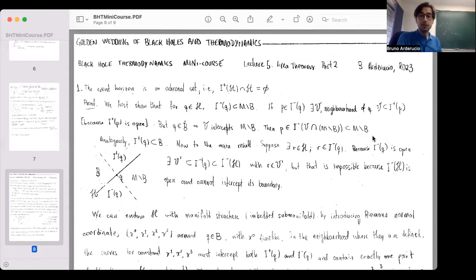So this is clearly time asymmetrical, because this shows that I minus of a point in the horizon is in the exterior. Conversely, I plus of a point in the horizon is in the interior. So this is time asymmetrical, as the definition of the black hole is time asymmetrical. So there's no surprise here.